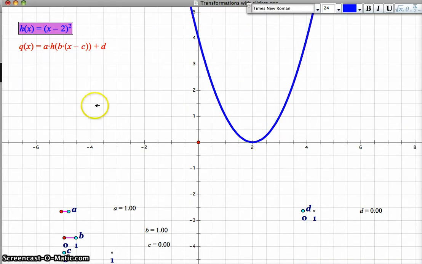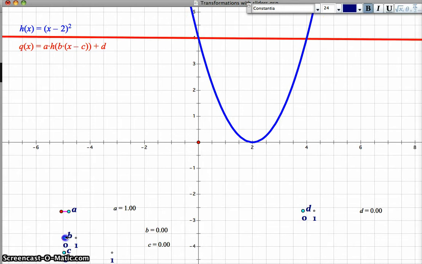This function makes it a little easier to see what is happening when we change B from positive to negative, when we look at a transformation of this B inside the function when we merely change its sign. So we're not going to change the size of the graph because we're really talking about sticking with 1 or negative 1.